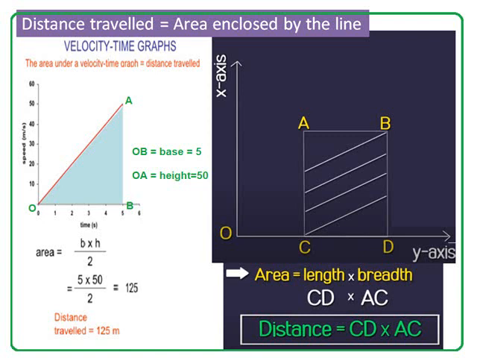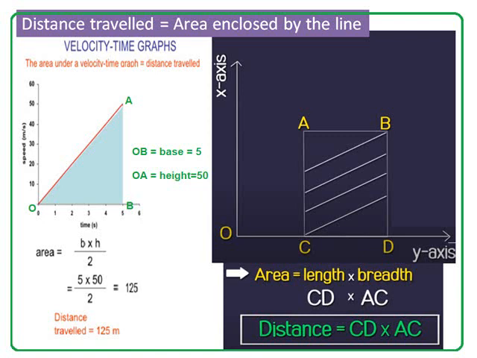Now here the base OB is the base and its value is 5 seconds or hours as it is given, and height of this triangle is being given by the distance AB, and when you look parallelly into the y-axis, the distance AB is equal to 50 meters per second.